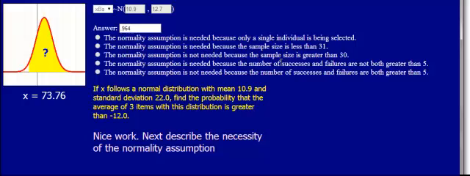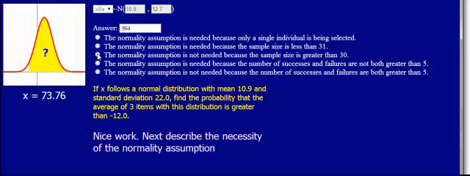Then we're talking about the probability that a proportion would be, say, greater than a number. And that's not the case here. We're not talking about a yes or no question. We're talking about a quantitative question. And then finally, the last one is the same idea, but had the successes and failures been both greater than 5, then we would not need the normality assumption.